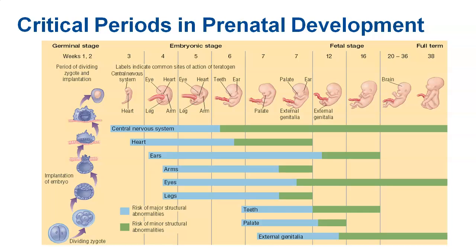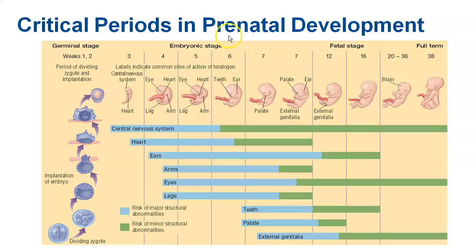And then this is just another thing for your knowledge of critical periods in prenatal development. It shows, again, the risk of major structural abnormalities during certain times of development in the blue, like this. And then the green is more when there are minor structural abnormalities. So this just shows that when you're going through the germinal, embryonic, and fetal stage, what things are developing when, and therefore what damage can be done more severely when.